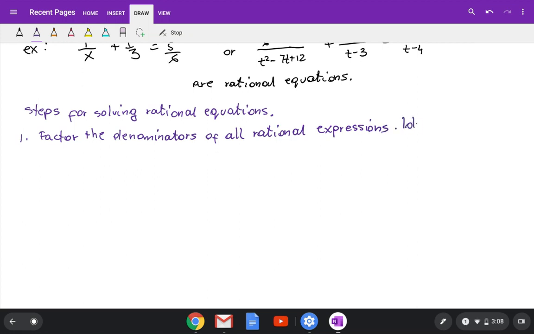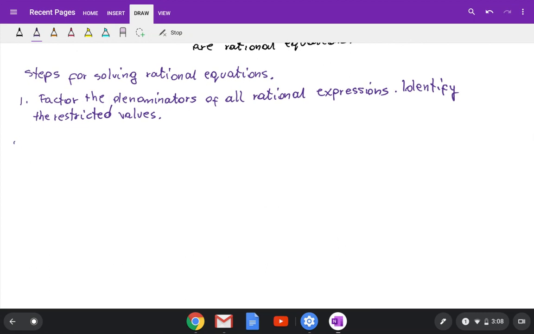Identify the restricted values. Number two, identify the least common denominator of all expressions in the equation.